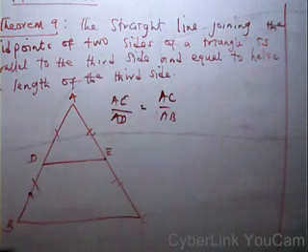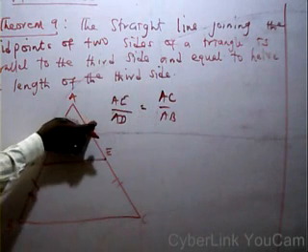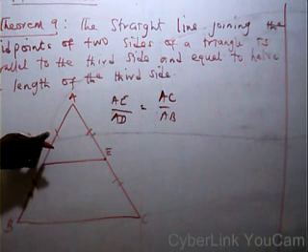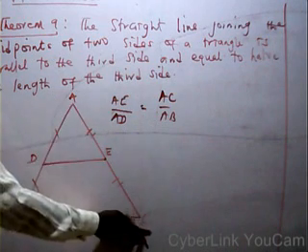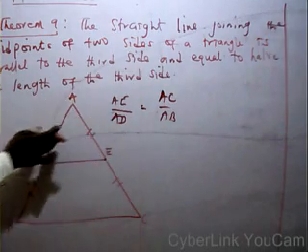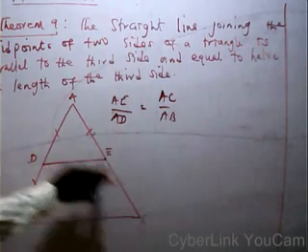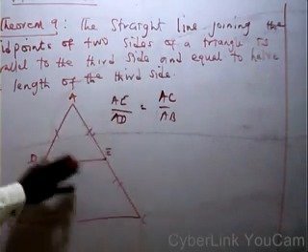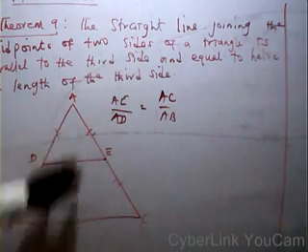So learn that one as well. That is, if this one is 4 over 5, this one is 5, this one is, let's say, 9, this one, let's say, 12. It now means that 4 over 5 will be equal to 9 over 12. That is the ratio, which we also need to learn.